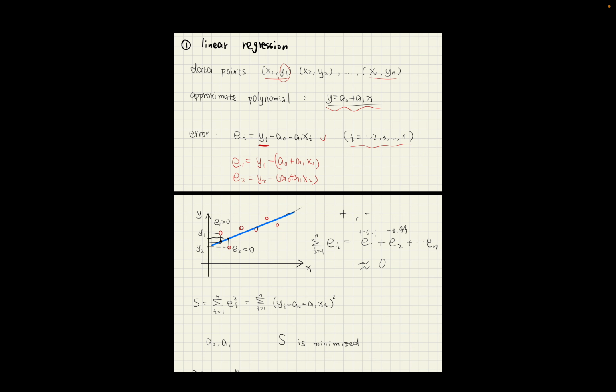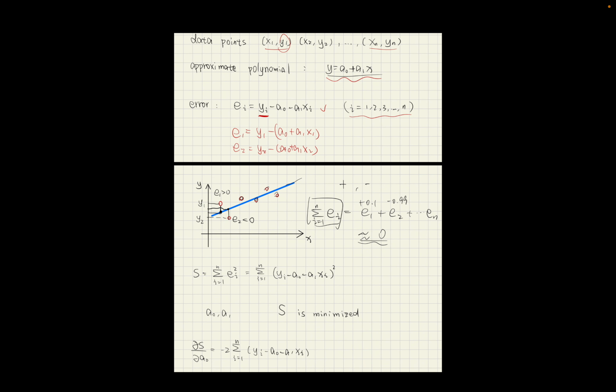Then after you sum all the errors together, you will get some number that is close to 0, which is not what we want, because actually every point is having an error, but the total error is close to 0. So this is not an ideal case, right? So to avoid this, we will do another equation, which is just simply add a square to the error.